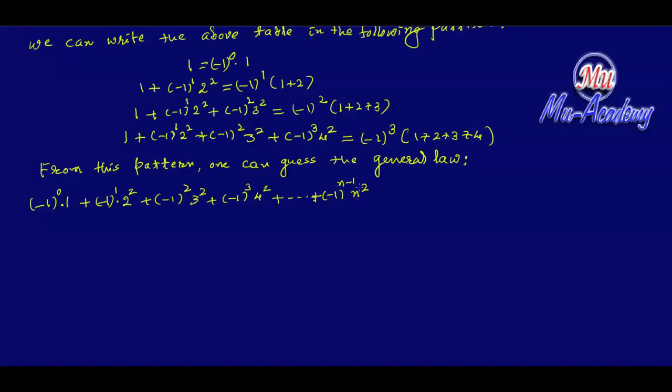The nth one is n minus 1, and this I can write down minus 1 raised to n minus 1 into 1 plus 2 plus 3 plus etc.